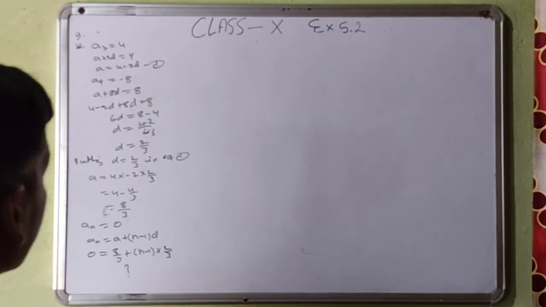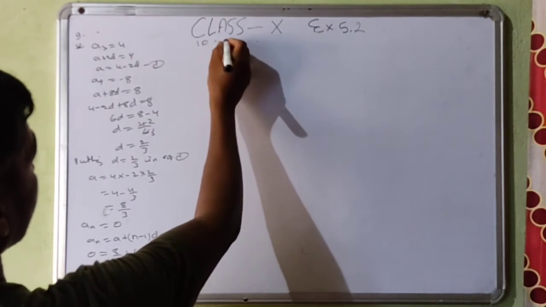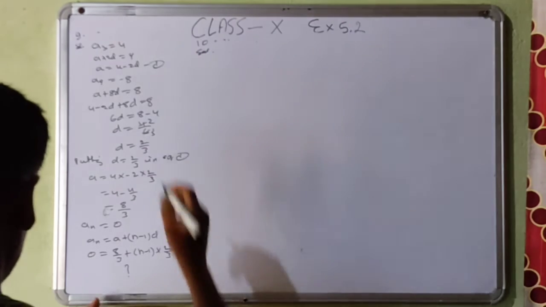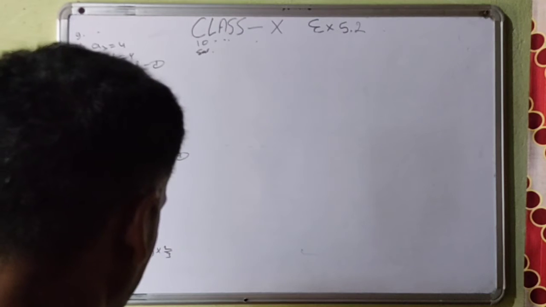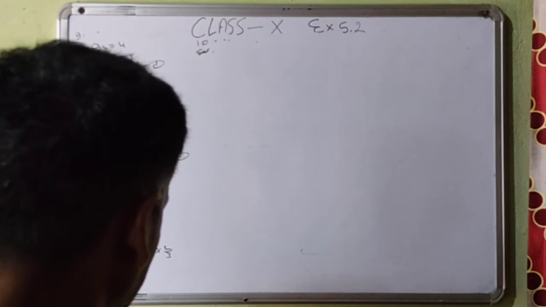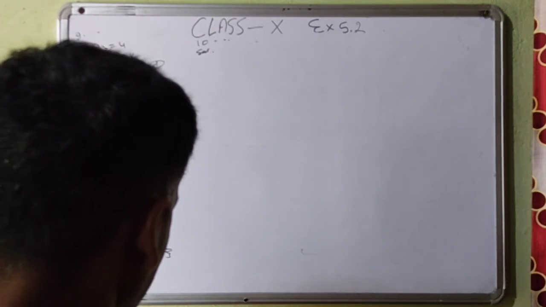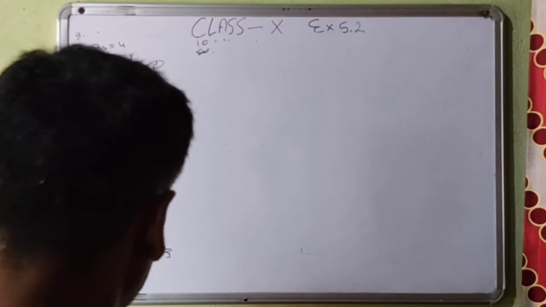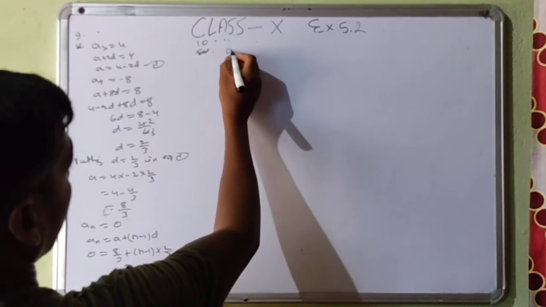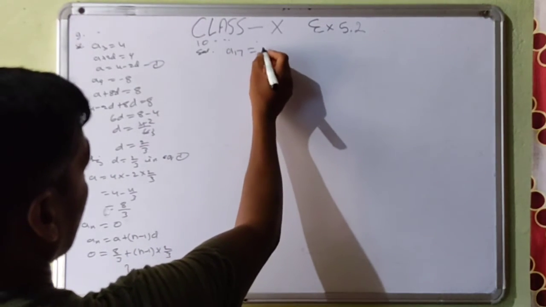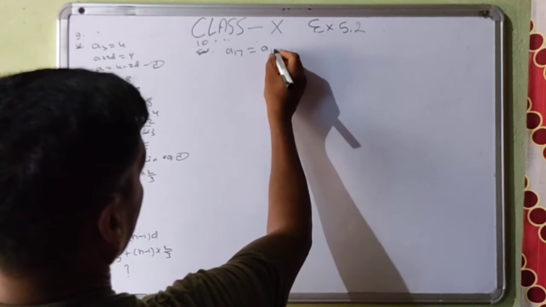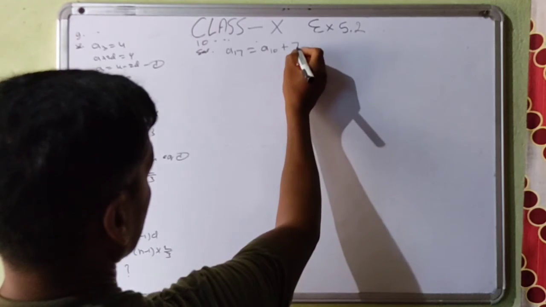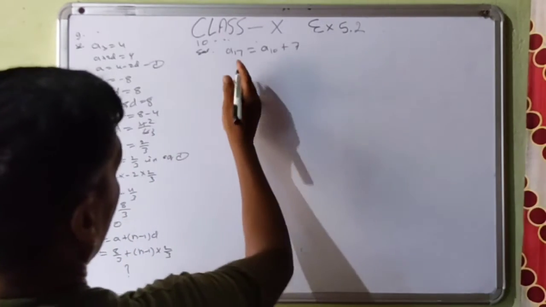Tenth question: the 17th term of an AP exceeds its 10th term by 7. So A17 is equal to A10 plus 7, so we will add the 7 here.